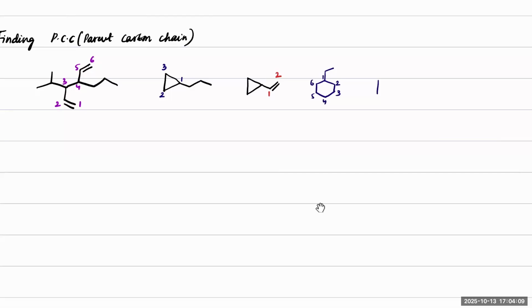But if you have rings like this, I have CH2, CH2, multiple rings here, right? In that case, priority should be given to only straight chain. And this starts with cyclopropyl, P. This will start with butyl. So butyl is given more priority alphabetically. So 1 and 2.